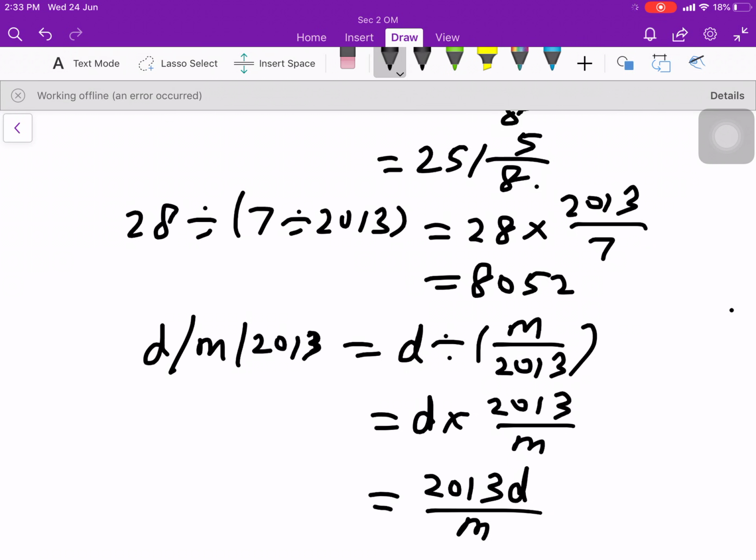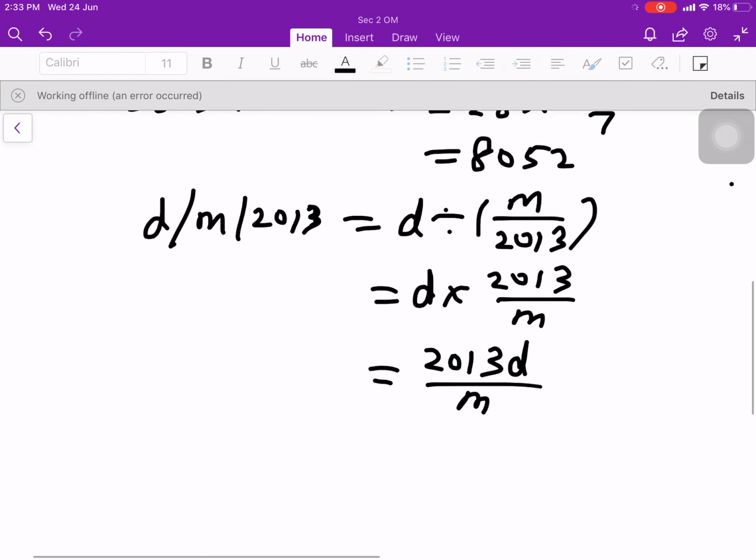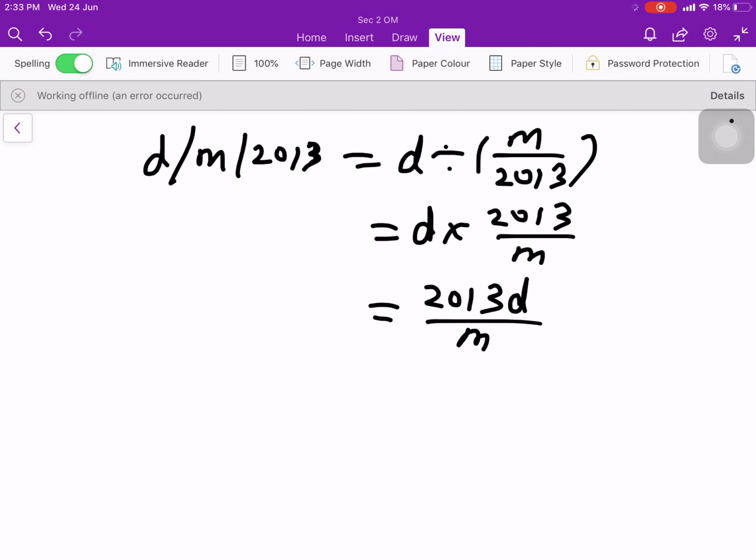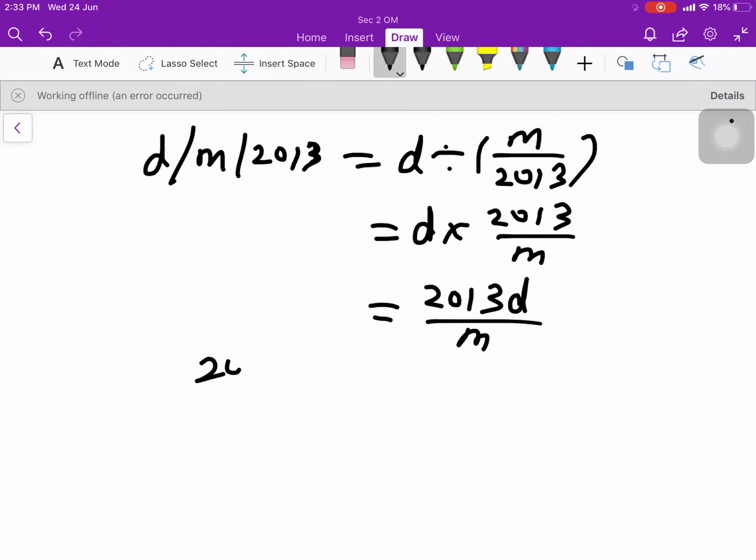Therefore, what does it mean? That means in this case, 2013D is a multiple of M. Right?